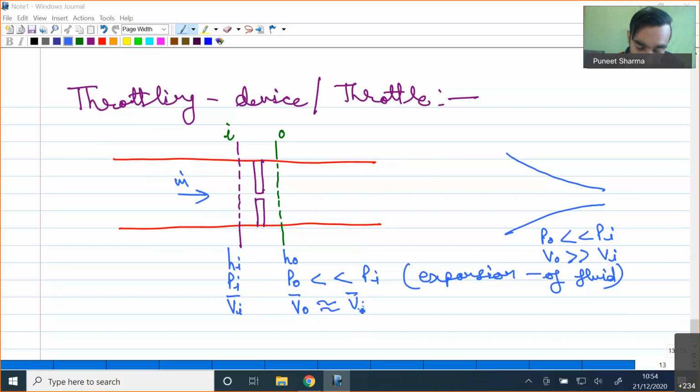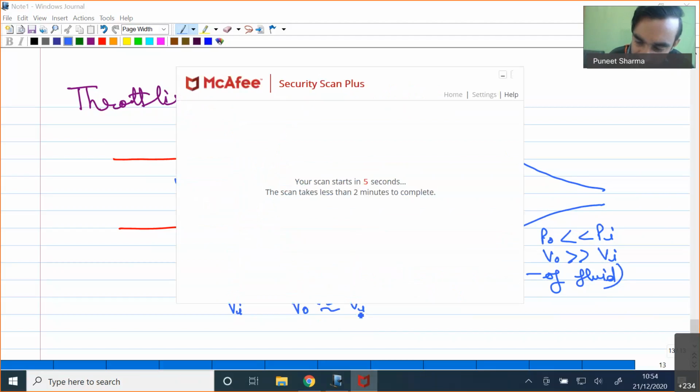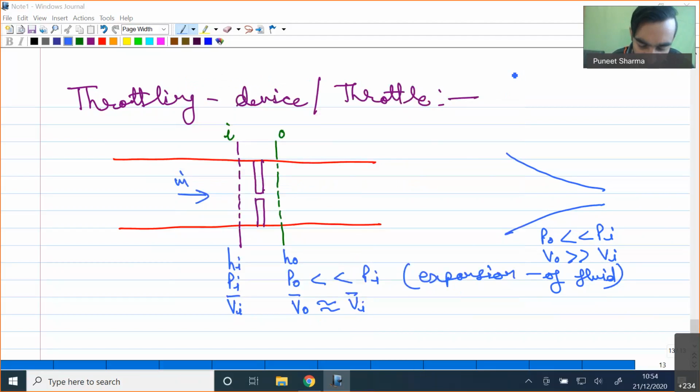So pressure is changing but velocity is not changing. Why is velocity not changing? Because in our system we have made a sudden contraction. Because of the sudden contraction, though pressure has changed, velocity has not got sufficient cross-sectional change, which has to be gradual in order to increase it.